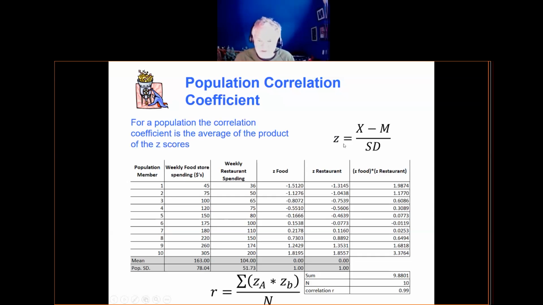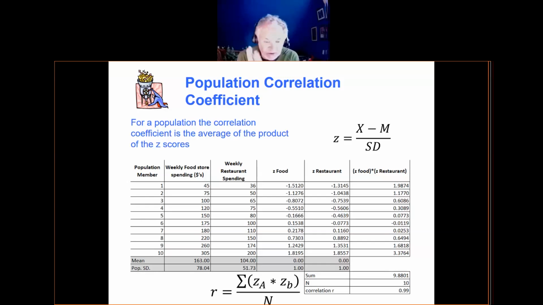I've applied this formula here: the Z for food is 45 minus 163 divided by 78. Those are standardized scores, given the special letter Z because the mean and standard deviation are always 0 and 1: a mean of 0 and a standard deviation of 1.